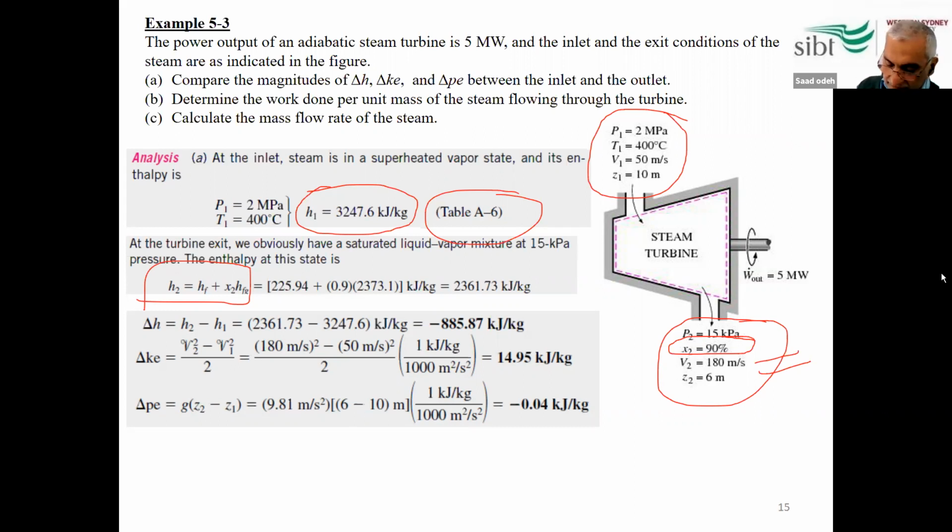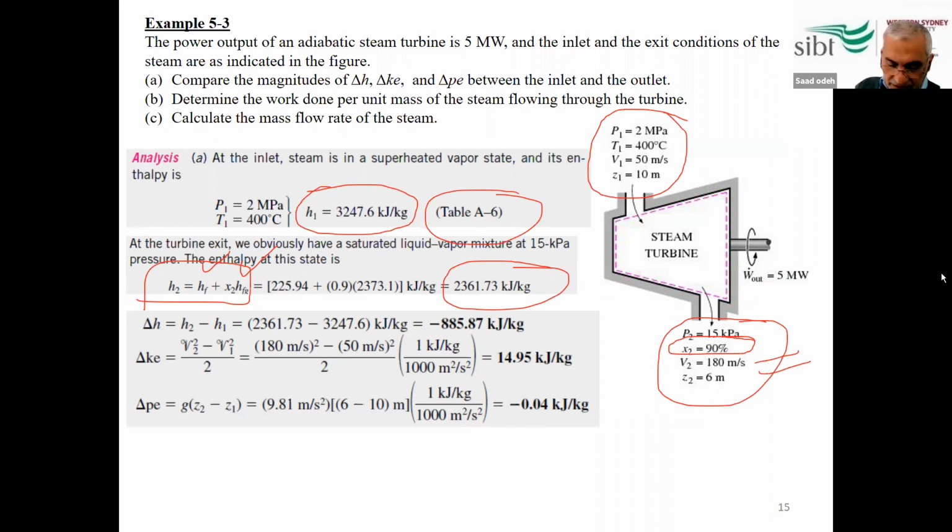Since we have a pressure, then we can go to table A5, and you can get the values of HF and HFG from the table, and you know the X value, then you can find H2. And after that, the other parts of the energy balance are quite simple.